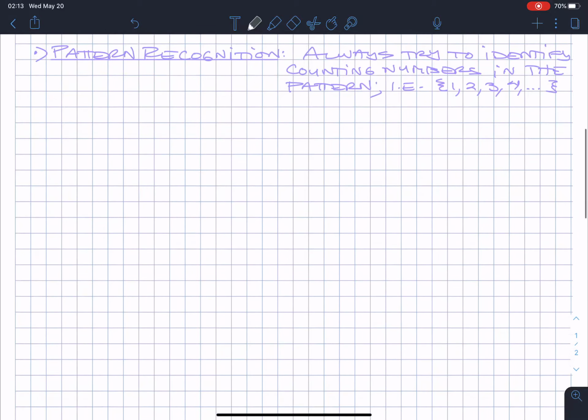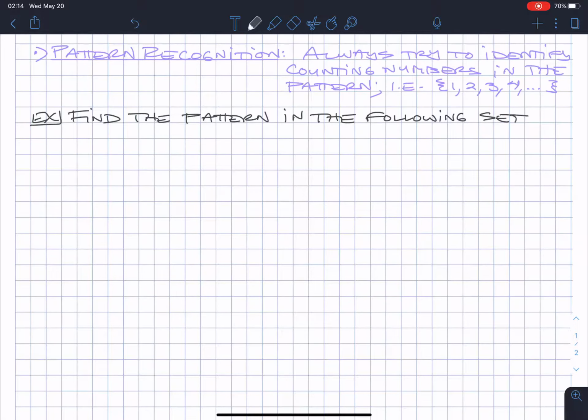So for example, let's find the pattern in the following set of sums.